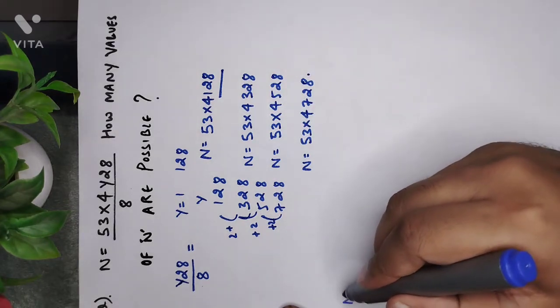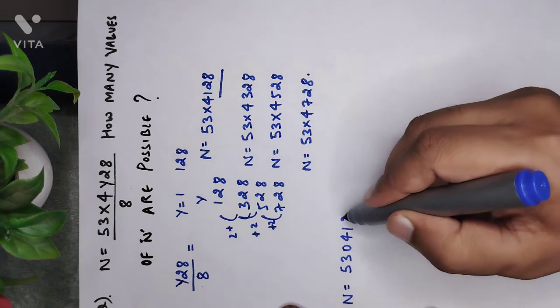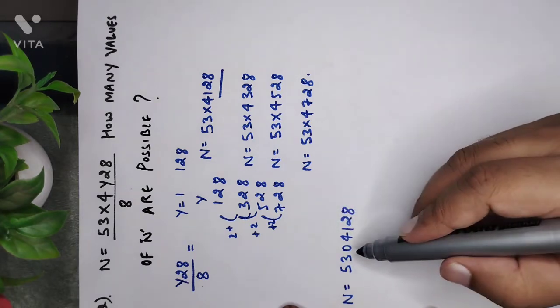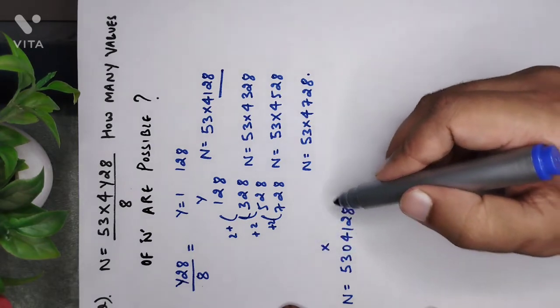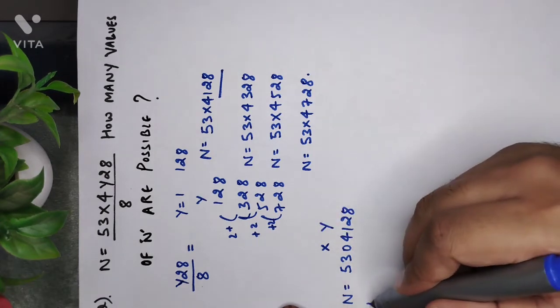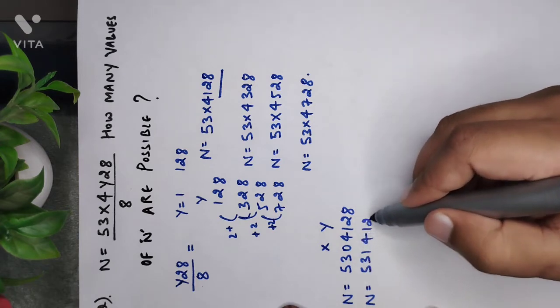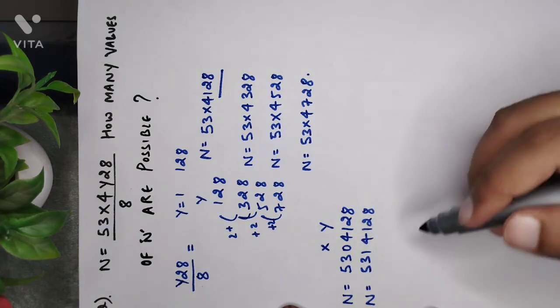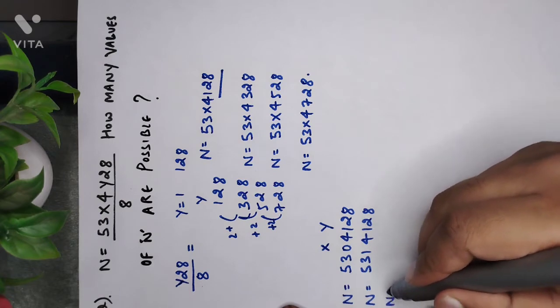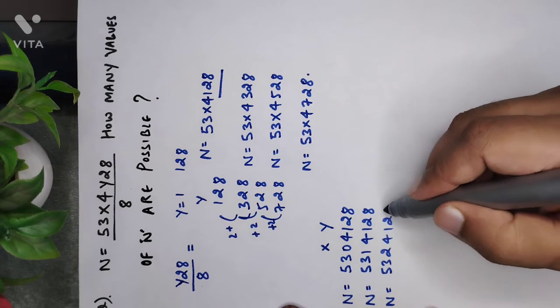I can say this number n can be 5 3 0 4 1 2 8, that is, we take the value of x as 0 and the value of y as 1. Similarly, another number can be 5 3 1 4 1 2 8, and we can also write 5 3 2 4 1 2 8.